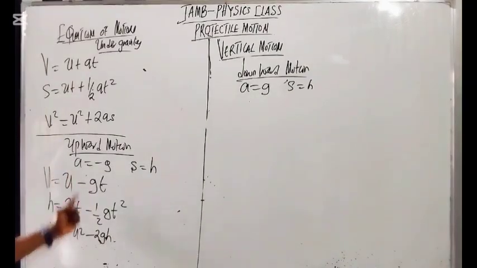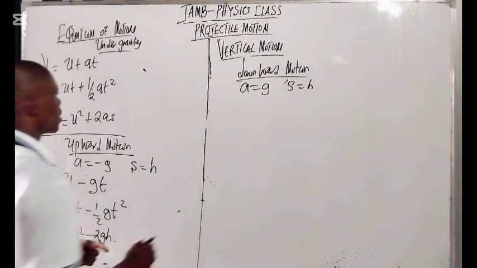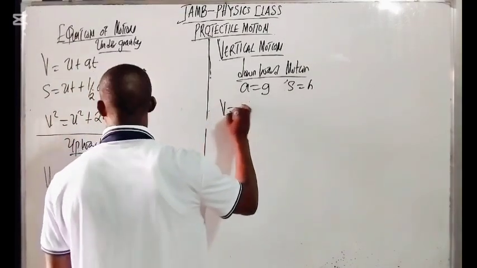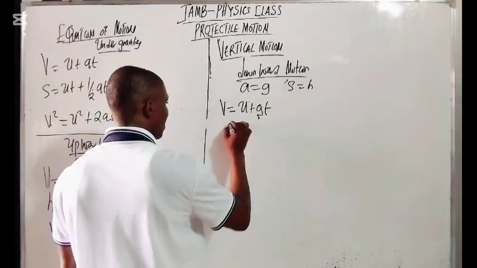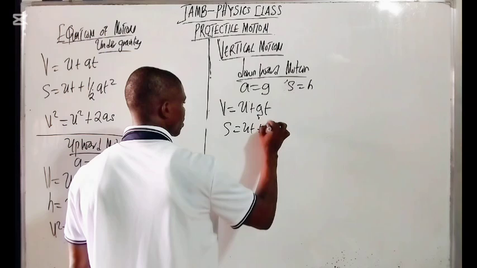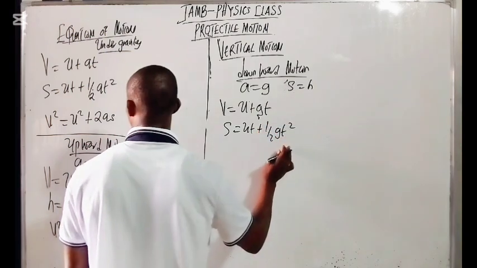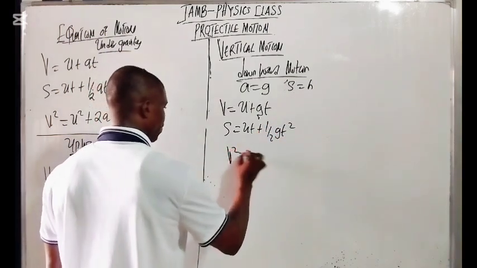So what happened here? You change the minus to plus. So v equals u plus gt. Then s equals ut plus half gt squared. Then v squared equals what?